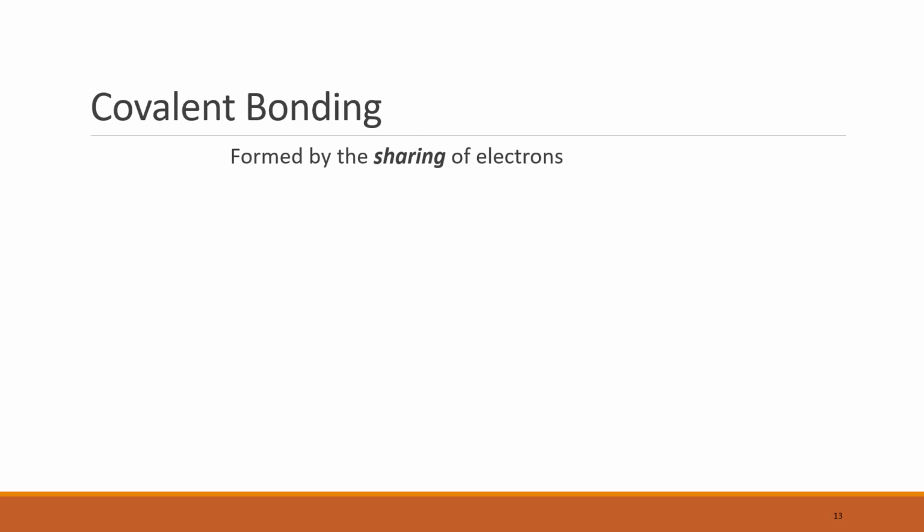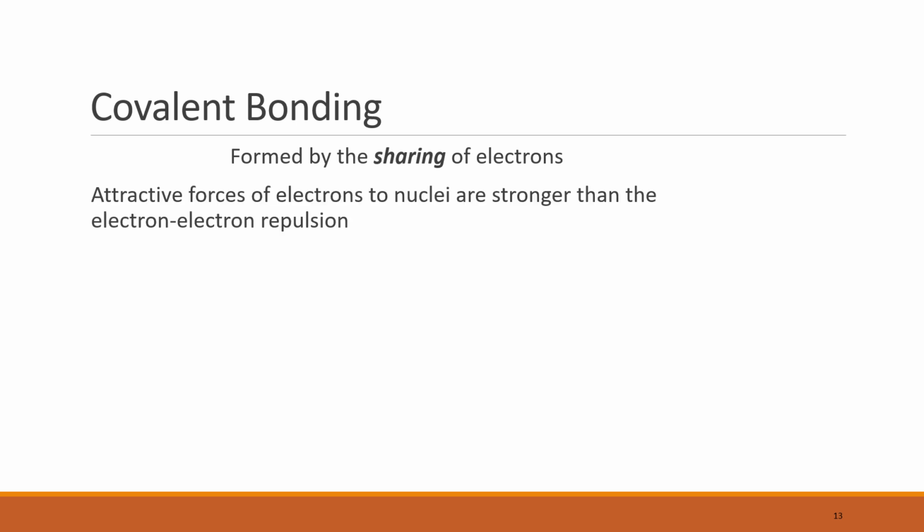So as we said earlier, covalent bonding occurs and is formed by the sharing of electrons. So the attractive forces of the electrons to the nuclei are stronger than the electron-electron repulsion. So what I mean by that is, if you bring two atoms close together, you're bringing their electron clouds together as well.